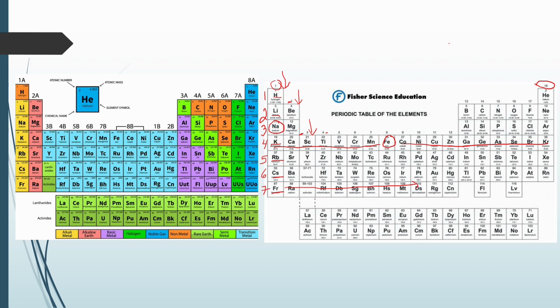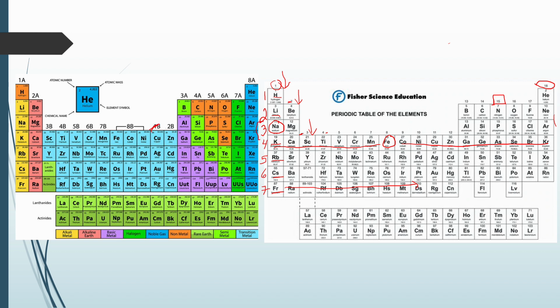You might also be asked to find, let's say, an element in group 15. So then you would have to find group 15. Here's group 15. I'll put a little box around it. And then let's say group 15 and then period 3.